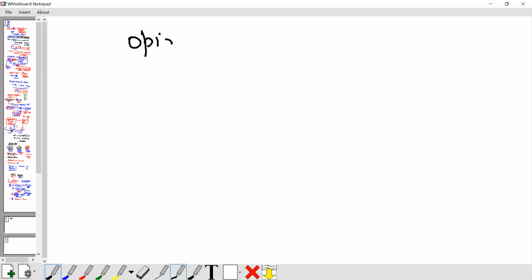Opioids. These are drugs used for pain control. Okay, so these are analgesics. They control pain, not mild pain, not moderate pain, only severe pain.